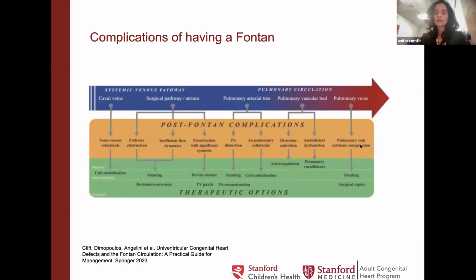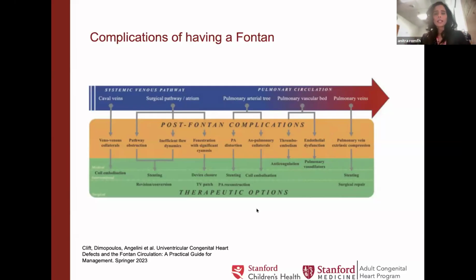Because we have passive blood flow from the systemic to the lungs, we need a situation where we have low PVR. And because it's passive blood flow, there's no pump. We do have risks for thromboembolism here and endothelial dysfunction and back pressure causing Fontan-associated liver disease, causing renal dysfunction, we have osteopenia, we have glucose intolerance, we have muscle mass complications and things.